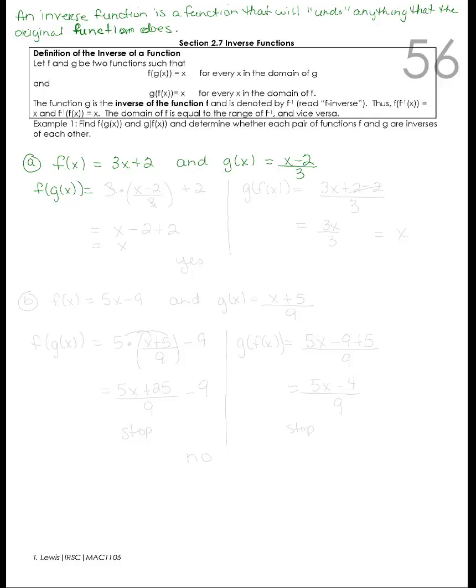So we're saying here, 3 times, what are we going to put here for x? Help me out here. x minus 2 over 3, plus 2. Now, that 3 times x minus 2 over 3, what's going to happen to the 3's here? It cancels out. And we have x minus 2 plus 2, and x minus 2 plus 2 gives us x.